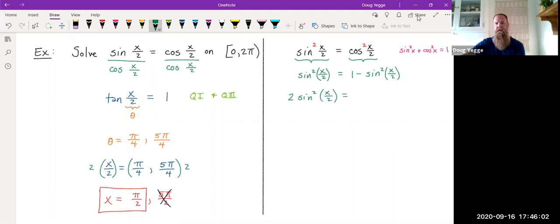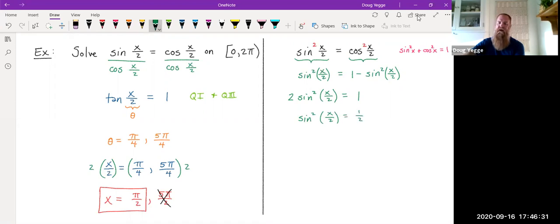is equal to 1. And now, like we've done in previous methods, our goal here is just to get sine of x over 2 alone on one side. Because if we could get that trig function alone, we should be able to see a common ratio that we can use. So we can divide by 2. That gives me that sine squared of x over 2 is equal to 1/2.